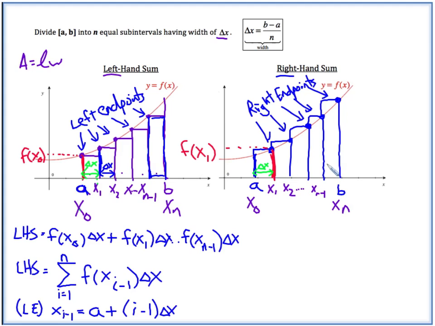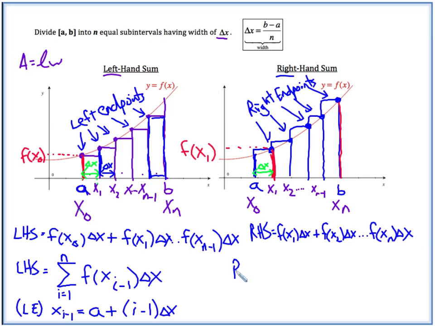Now, if we're going to write this as a sum, notice we're going to start here, but we're going to end up going all the way until x sub n. So for our right-hand sum, or RHS, we're going to start with f of x sub 1 delta x, and then go to f of x sub 2 delta x, and so on and so forth, all the way up to f of x sub n delta x.